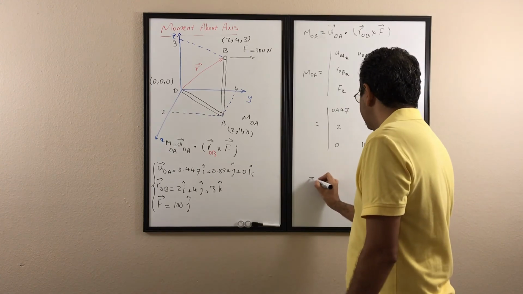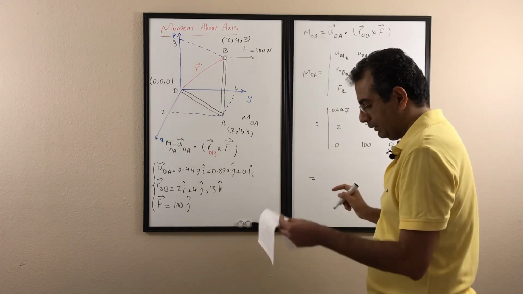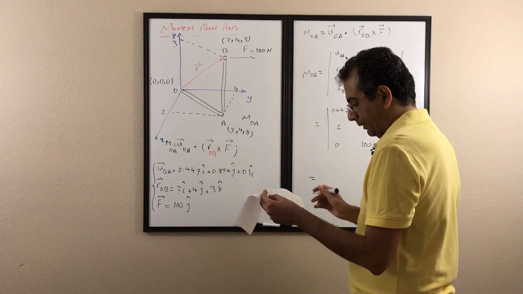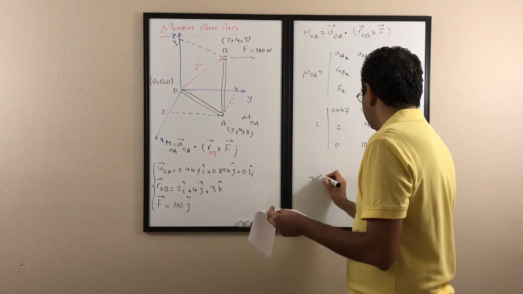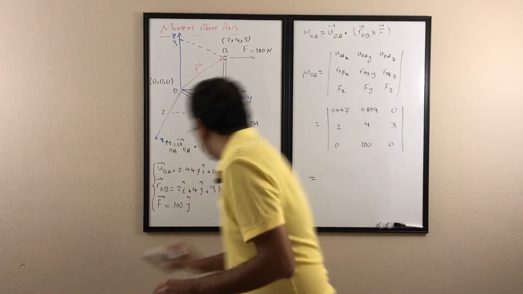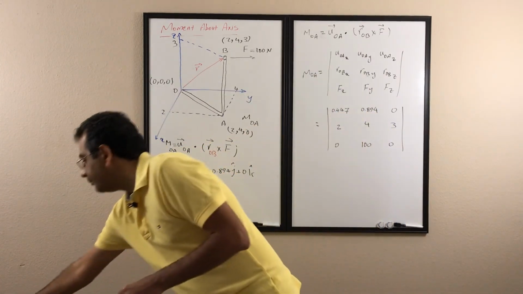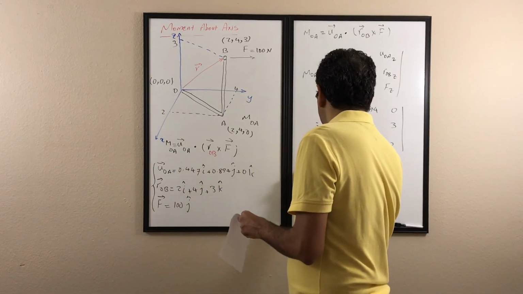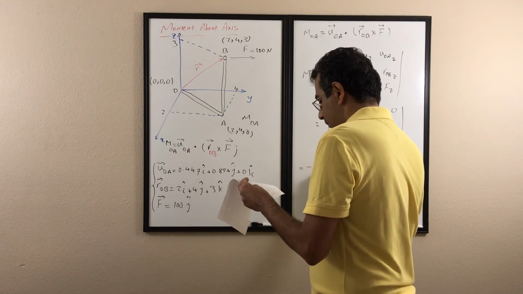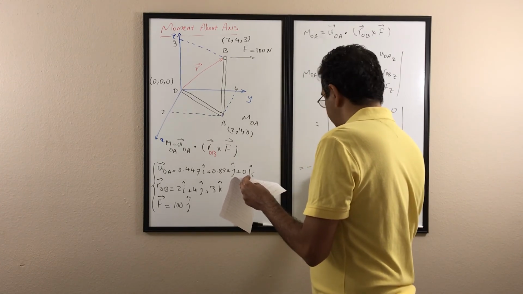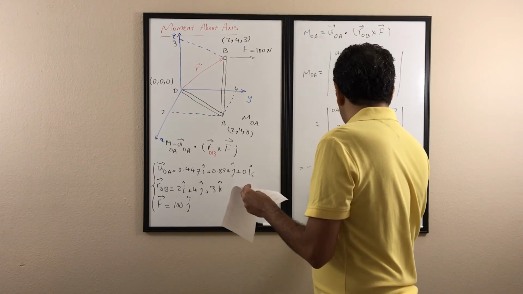And if we calculate this determinant, what we get is minus 134.1 Newton meter.